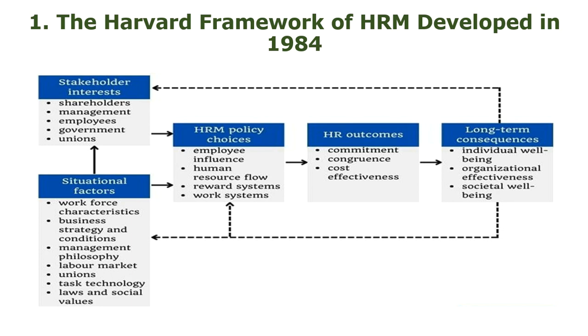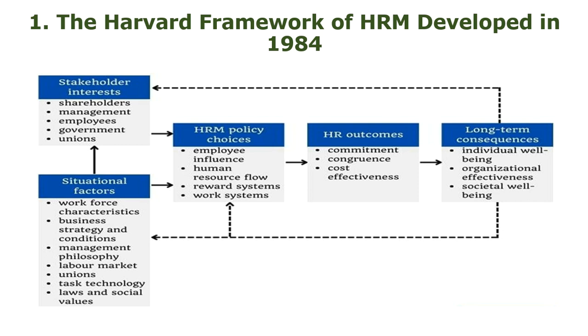The first one is the Harvard framework of HR models, developed in 1984. The Harvard framework of HR management is a holistic HR operating model that focuses on the outcome problems associated with historical people management.